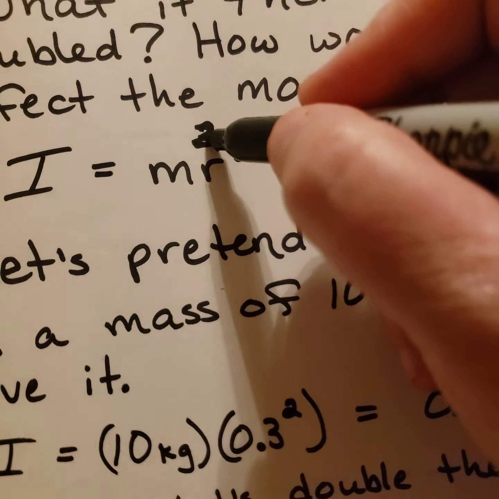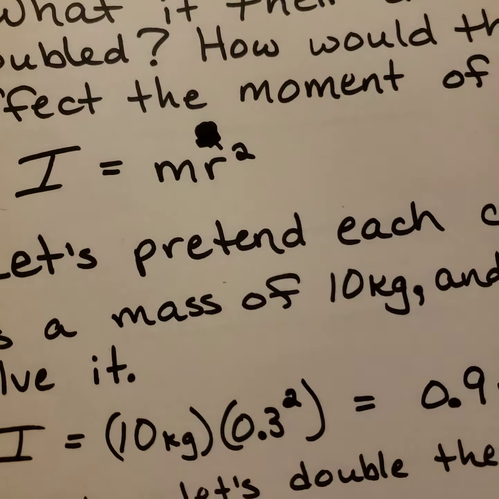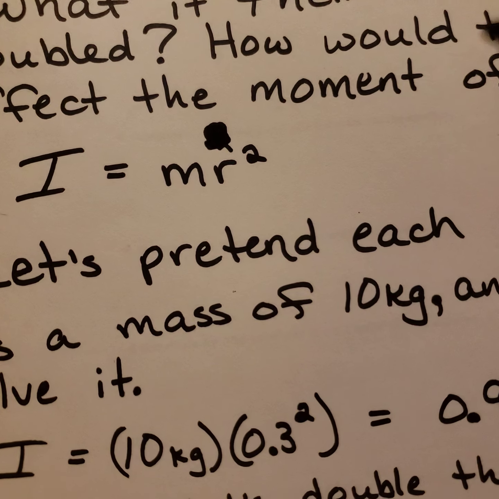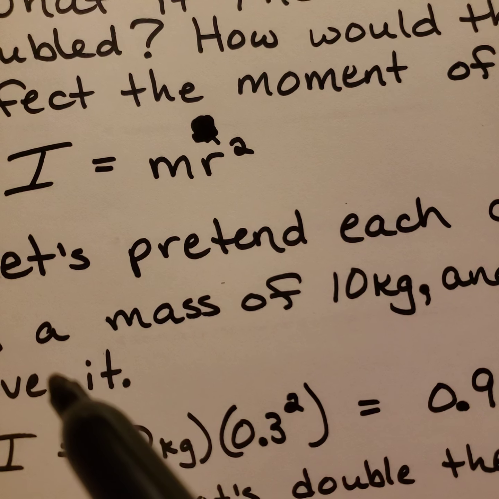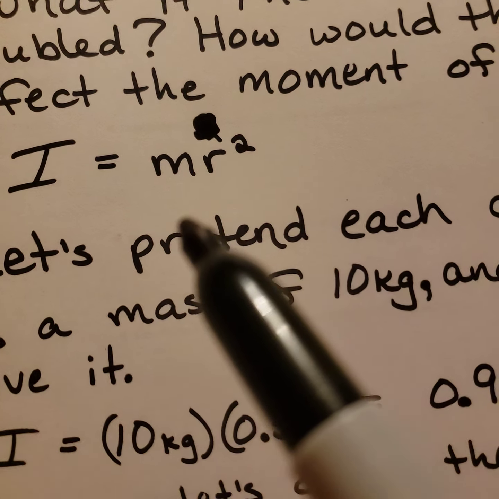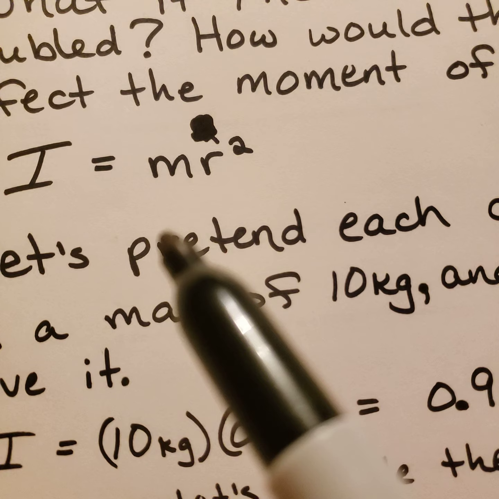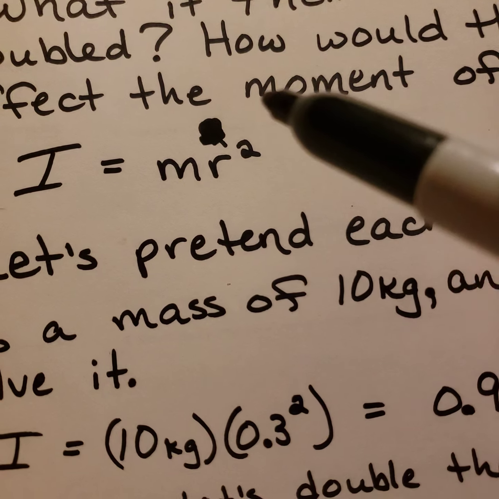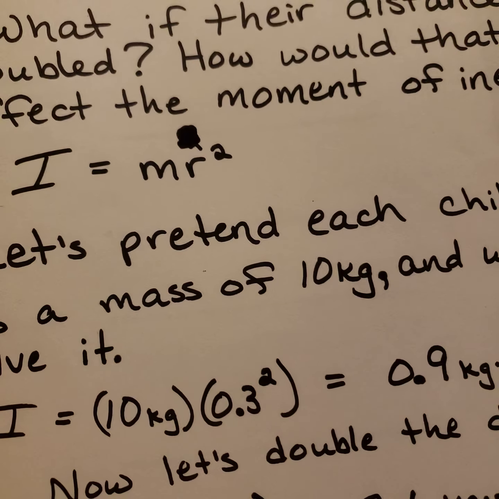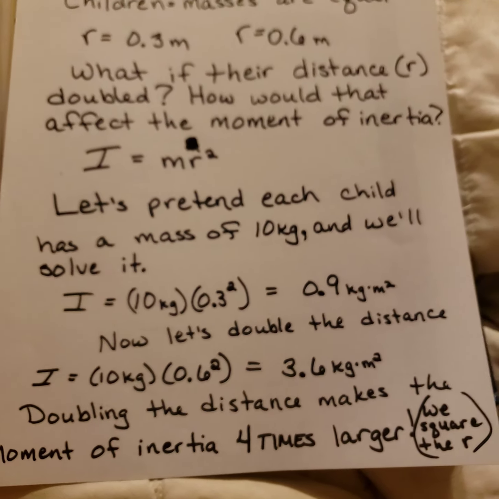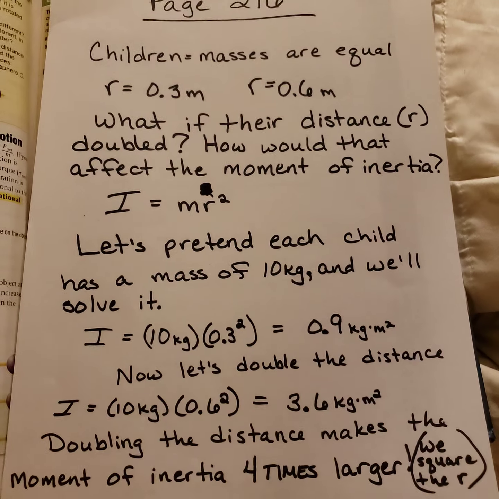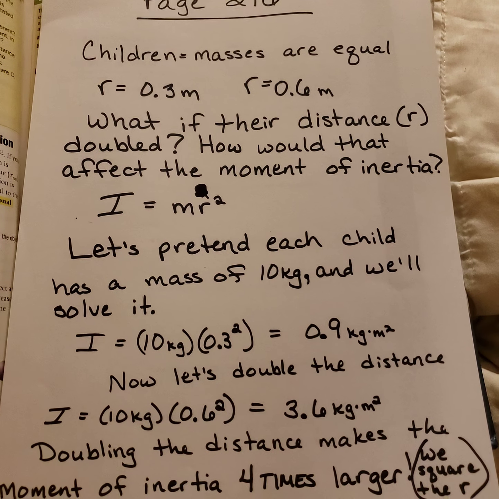We've gone through this before where you're squaring things. And what if I said we were going half the distance? What's 1/2 squared? Good, so that would be 1/4 the moment of inertia. Okay, so you get the idea. All right? How about we try the next problem together?